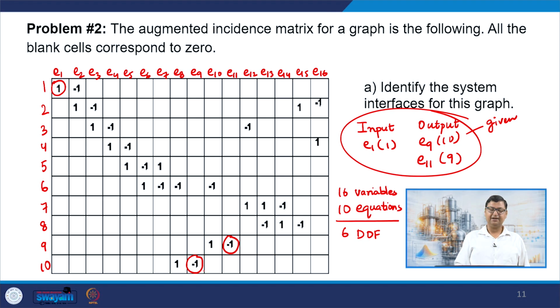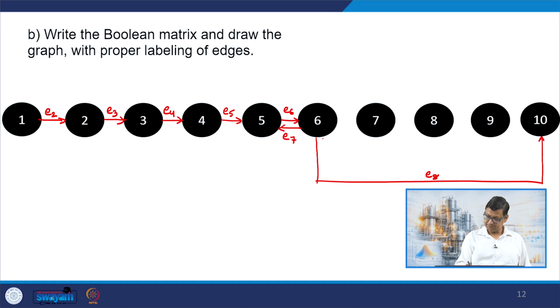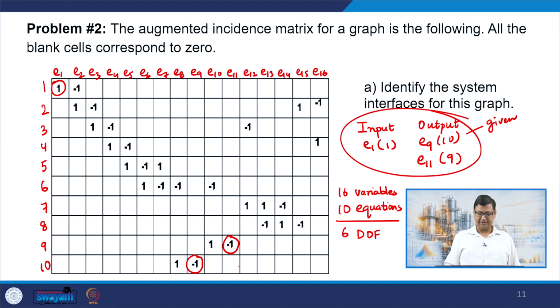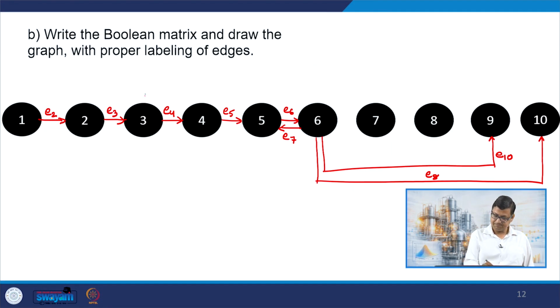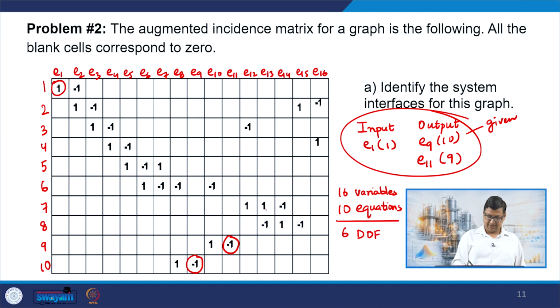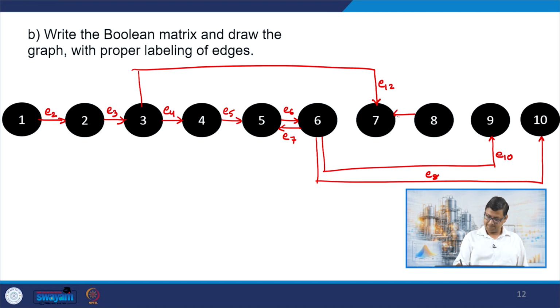And E9 is again an interface, so do not worry about it. E10 is going from 6 to 9. And E11 is an interface. E12 is going from 3 to 7. E13 is going from 8 to 7.